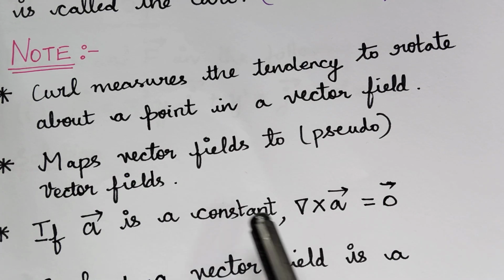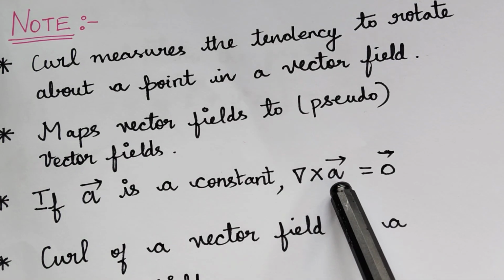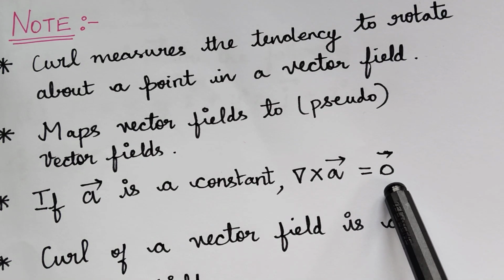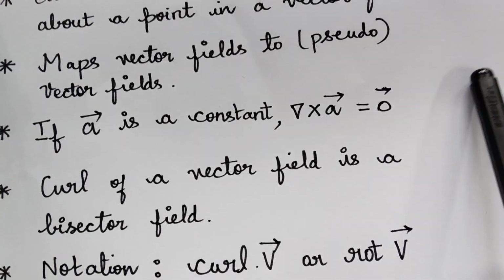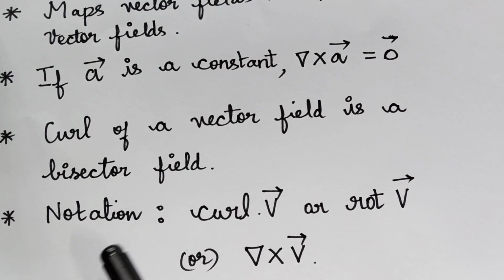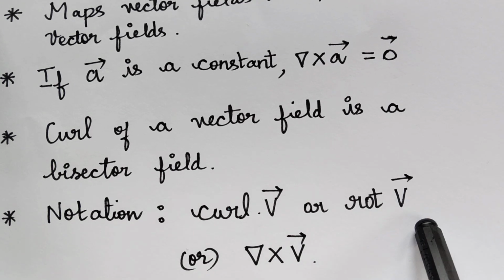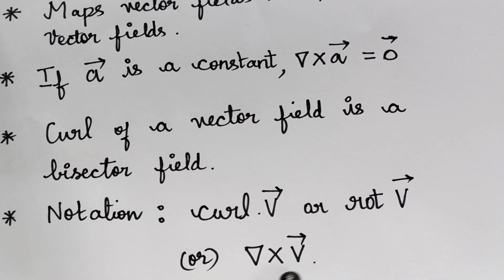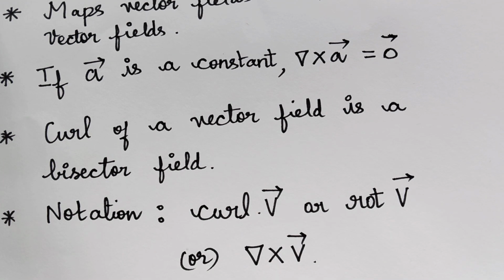If a vector is a constant, then the cross product between nabla and that vector will be equal to the zero vector. The curl of a vector field is a vector field, and it is denoted by curl of v or rotation of v, which can also be expressed as nabla cross v. So let us solve problems under this topic now.